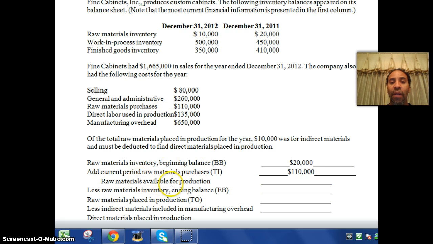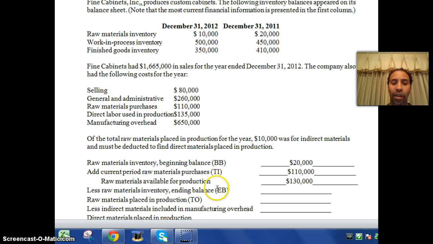So raw materials available for production would be the combination of those two. So you take your raw materials inventory beginning balance, you add whatever you purchase, which is 110,000, and voila, you have $130,000 in raw materials available for production.